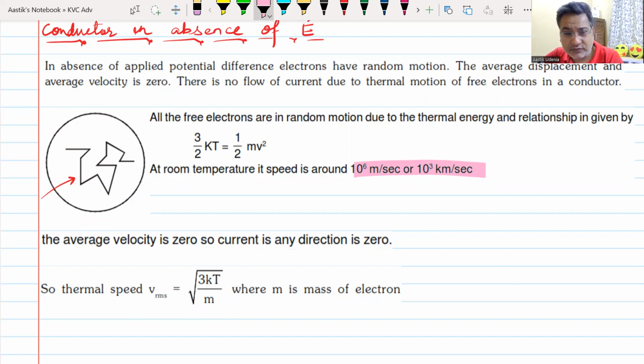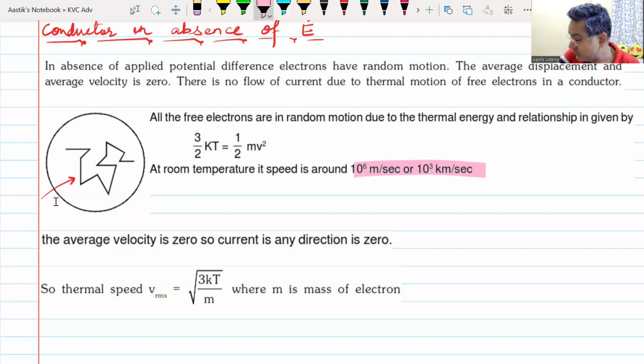But all these electrons are moving randomly, so their net average velocity is 0. If you take any particular cross section, if n number of electrons are flowing in this direction, there is no reason why n number of electrons will not be flowing in the opposite direction. Therefore, the net displacement or the net velocity or the average velocity is 0, and therefore the current is 0. Do we understand this? Yes.